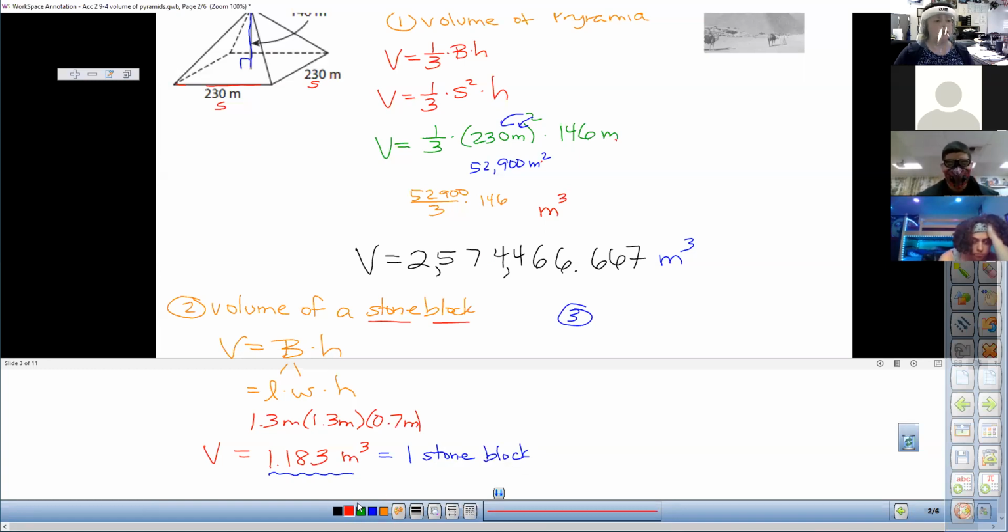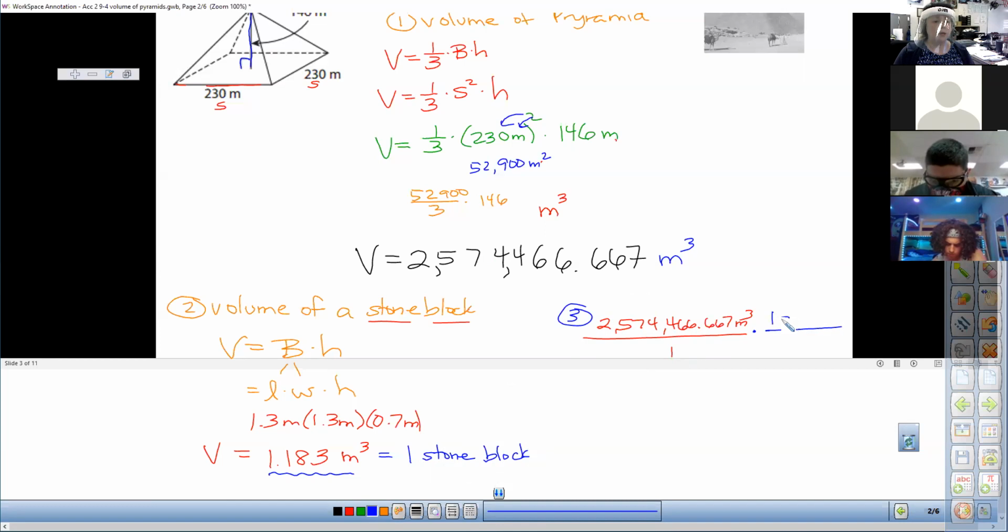So one way to look at this problem is that I'm going to take the volume of my pyramid, which is 2,574,466.667 cubic meters, which has a denominator of 1. And I'm going to convert it into stone blocks.